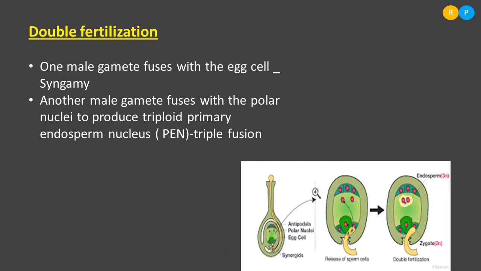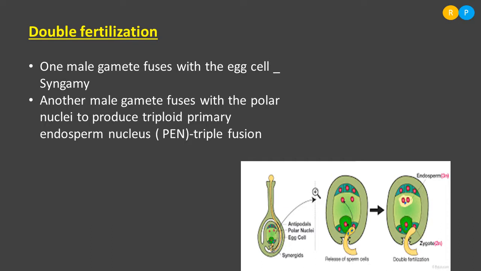Triploid is nothing but how many ploidy, how many nuclei are there? 3 nuclei are there. Within the single structure you can find the presence of 3 nuclei. So the other male gamete fuses with the polar nuclei and forms the triploid primary endosperm nucleus. This type of fusion is called triple fusion. Understood, right?